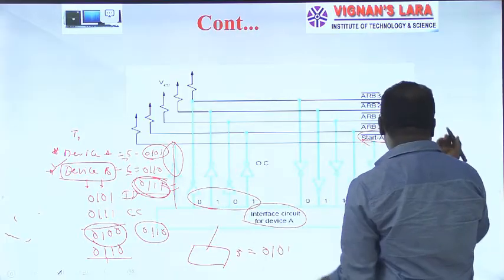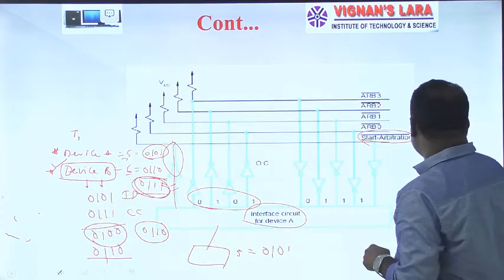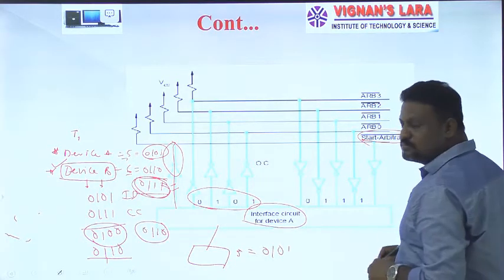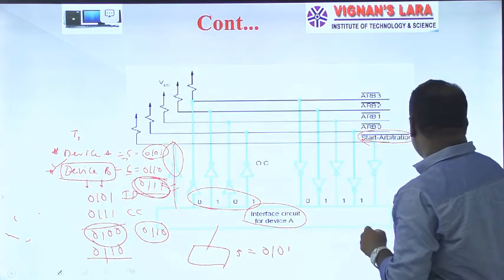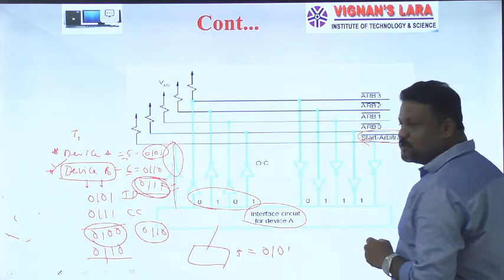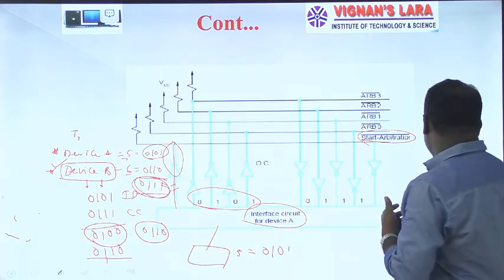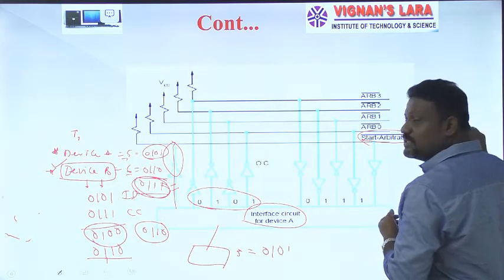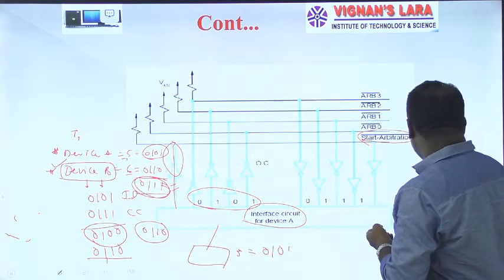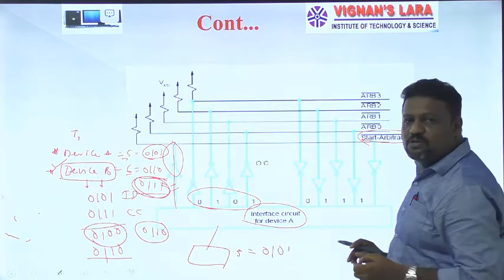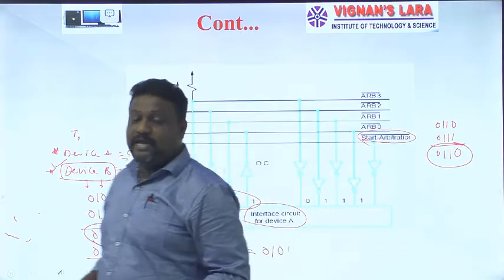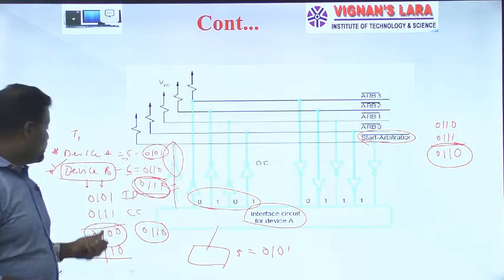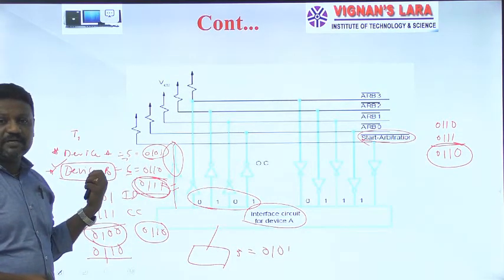Coming to device B, its identification number is 0110 and the received consolidated code is 0111. Now we compare 0, 1, 1 and here there was a difference, so it becomes 0. Now the produced code is 0110, which again belongs to device B's identification number.